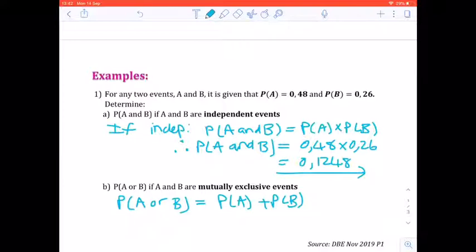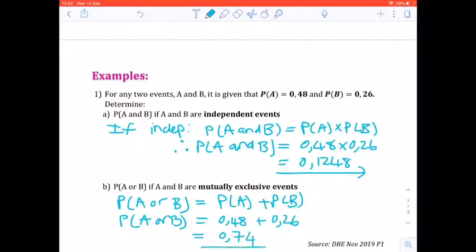So we just use this formula. So probability of A or B is then equal to 0.48 plus 0.26, which equals 0.74. So both of those questions we're just using the formulas and applying the formulas to the question.